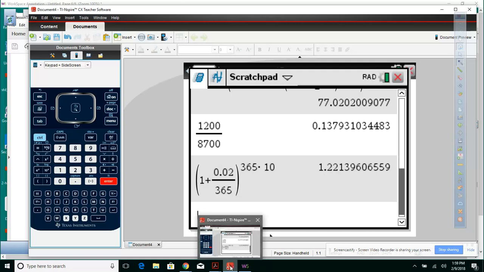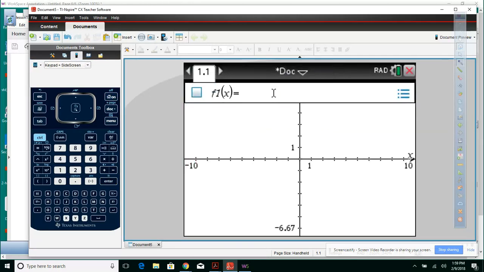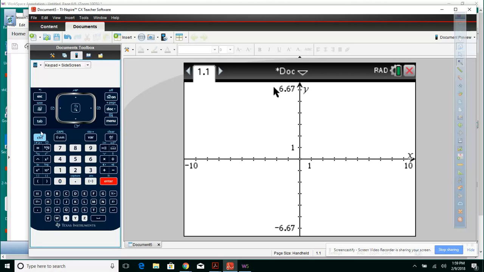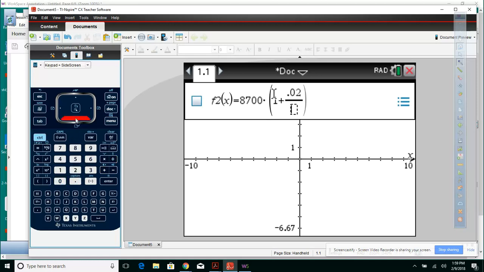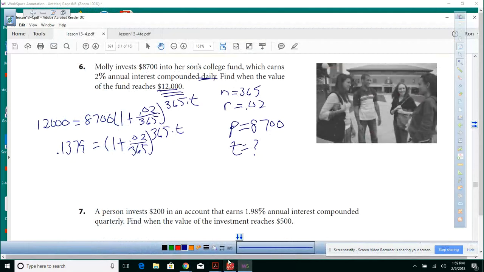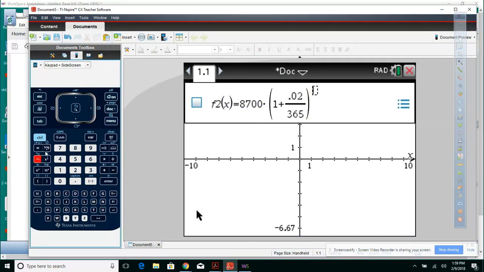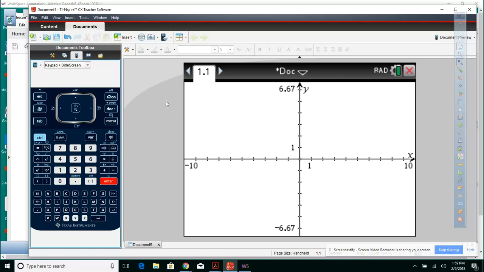Let me graph this on a new document. We've got 12,000, enter, and then tab 8,700 times, open parentheses, 1 plus 0.02 over 365, since we're doing daily, there are 365 days in the year, caret 365 times X. Now we need to get up there and see it.